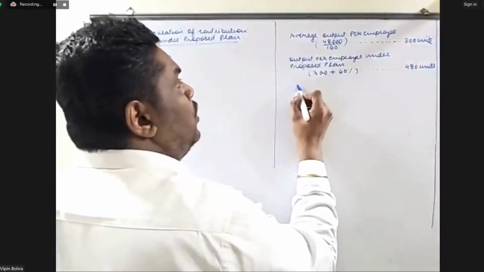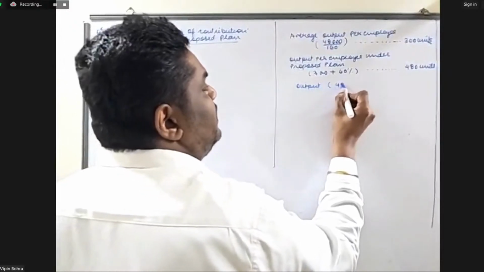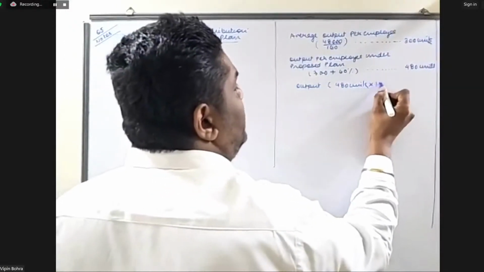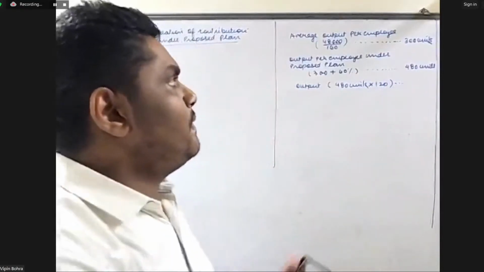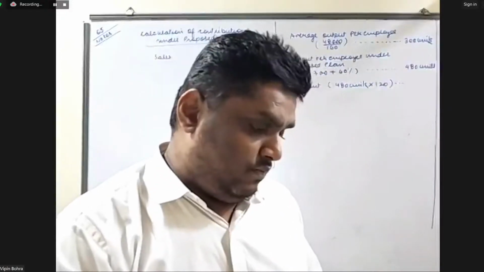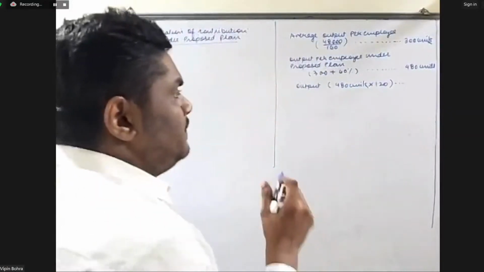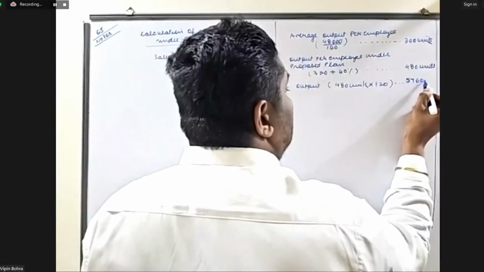So how much will the output be in total? 480 units per employee into 120 employees. So my output will be 57,600 units.